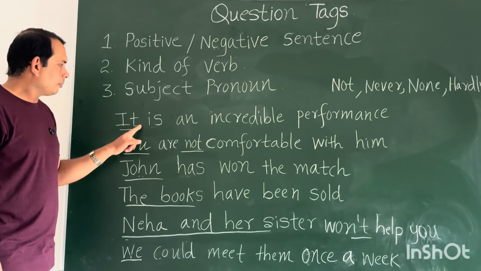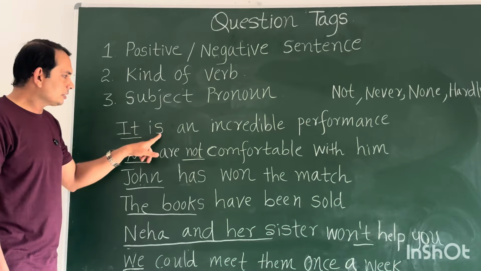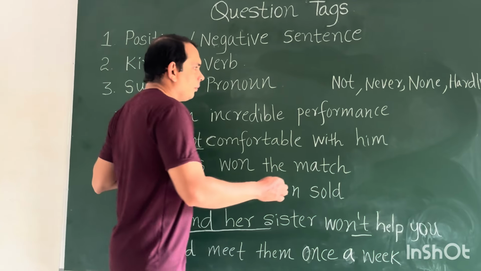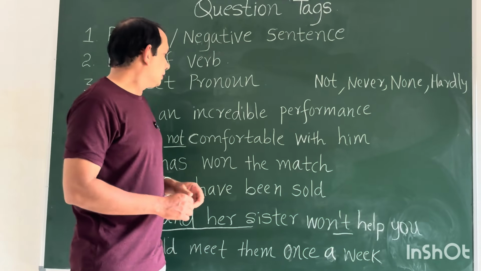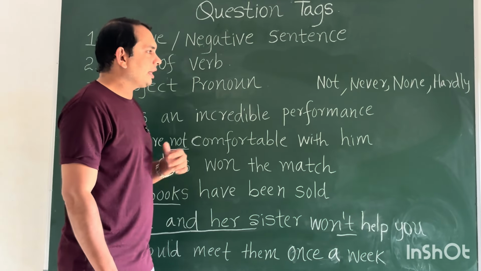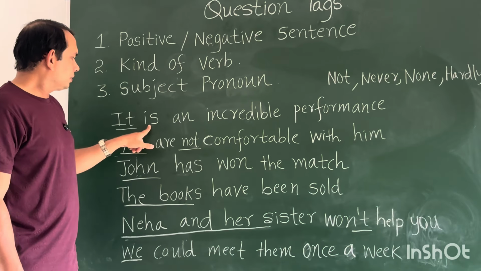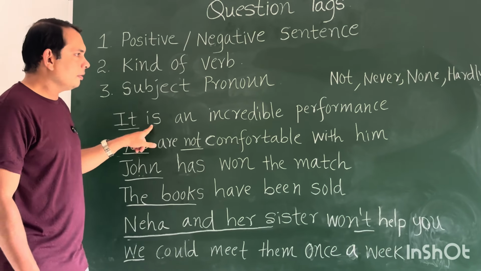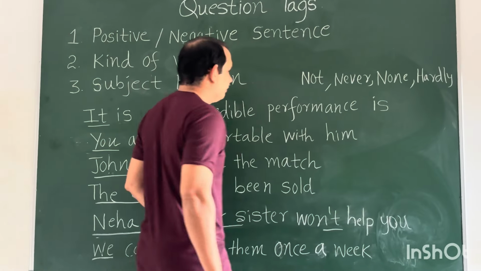Look at this example. It's an incredible performance. As I have told you, this is a positive sentence. When the sentence is positive, we add negative question tags. So the question tag must be in the negative. Here, the verb used in this sentence is is. Let's write it first.